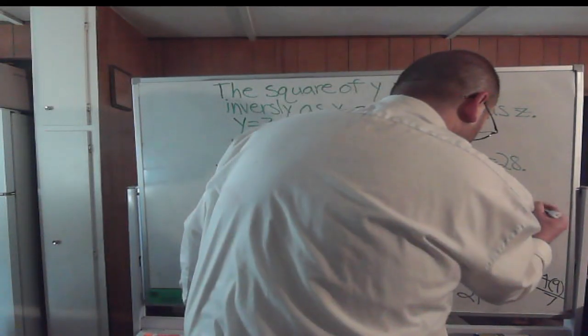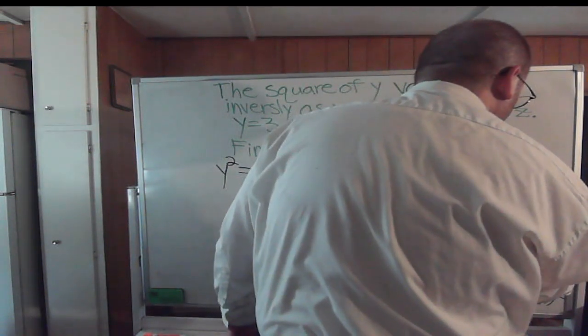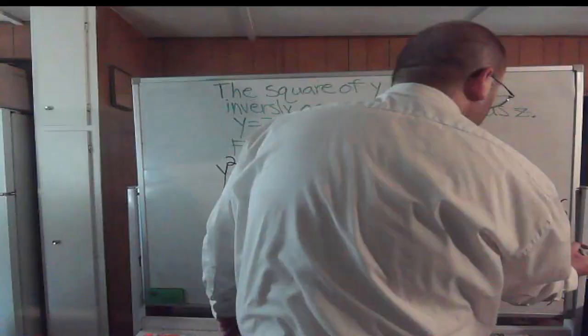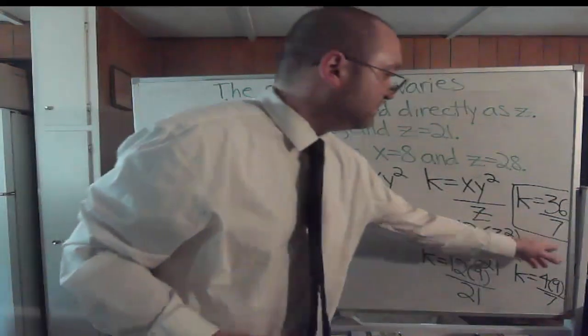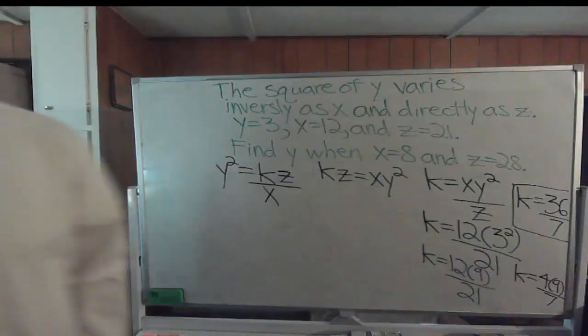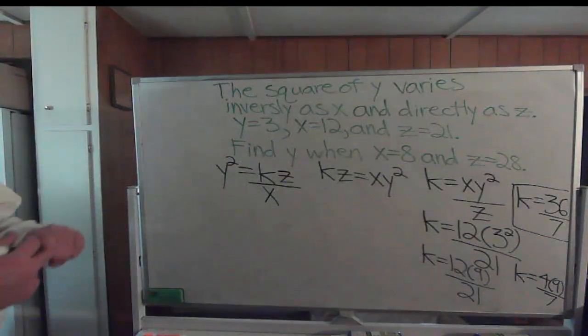That means your value for k, your constant of variation, 4 times 9 is 36 over 7. So the constant of variation is equal to 36 over 7. So that's one piece of the puzzle.